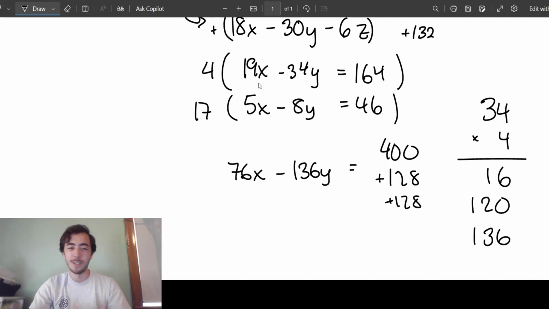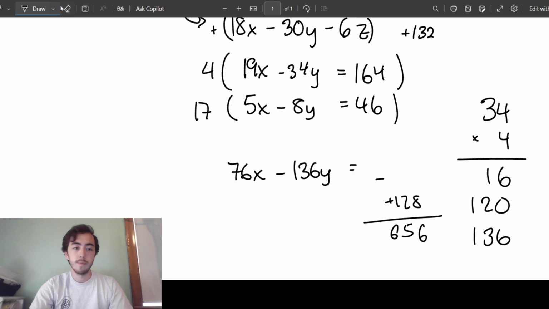I'm just doing a lot of weird distributing in my head, but that's just what made the most sense to me. So let's add these. 8 plus 8 is 16. Carry the 1. That's a 5. That's a 6. 656.